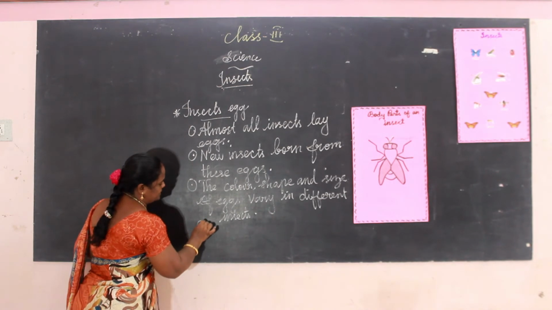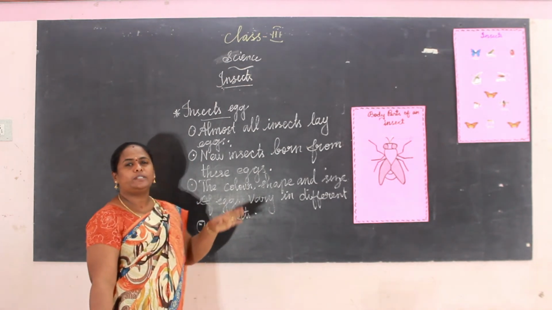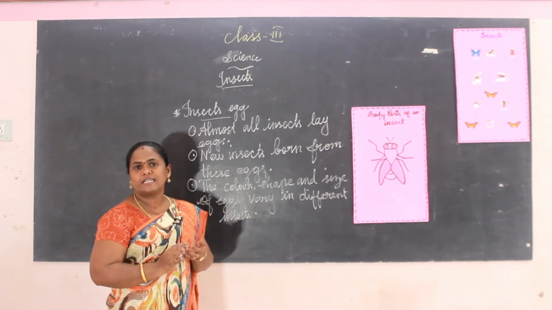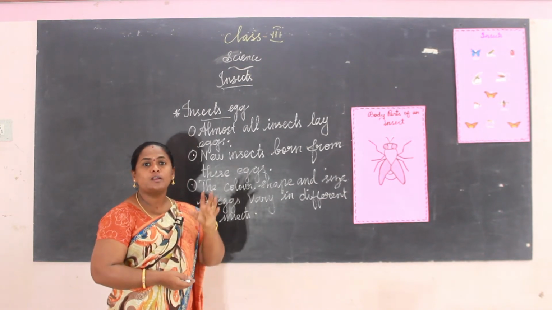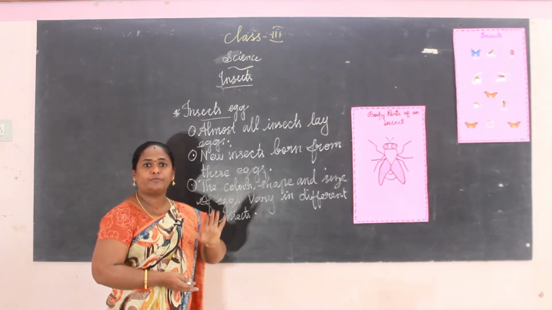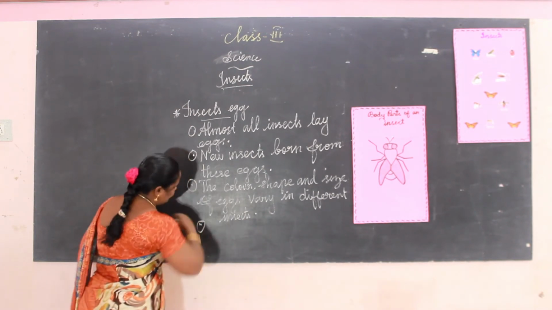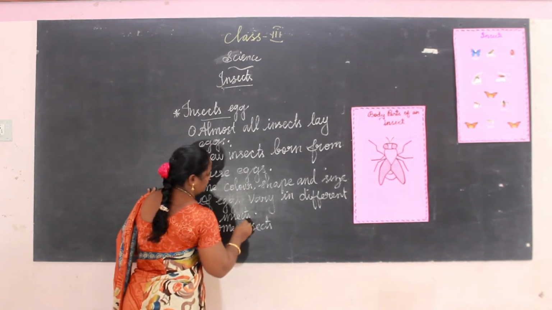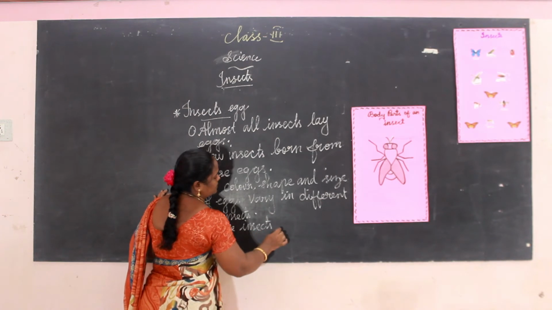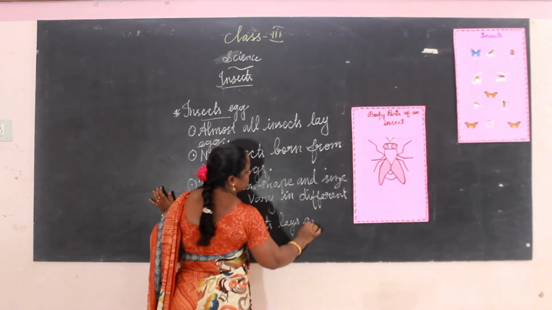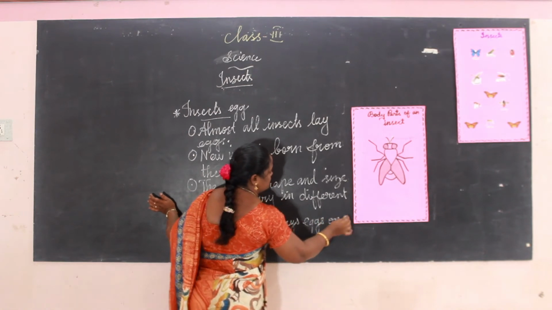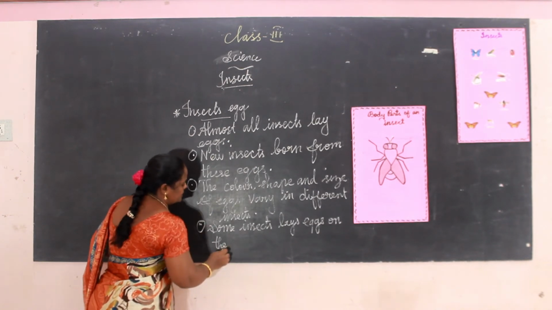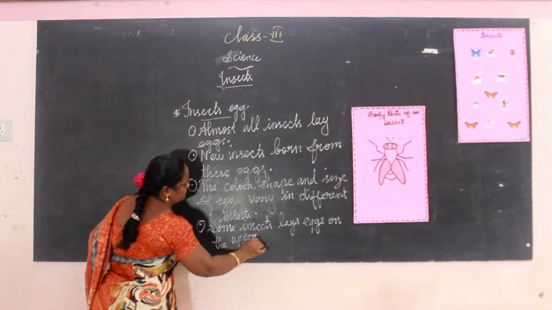Some insects lay eggs on the upper and lower surface of leaves.